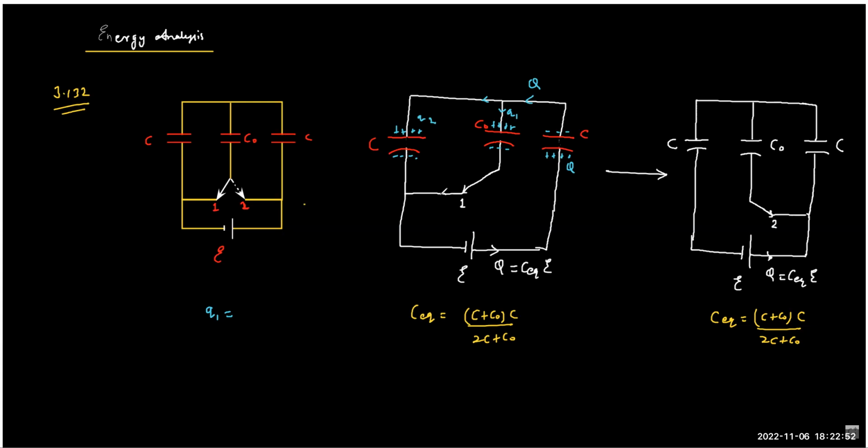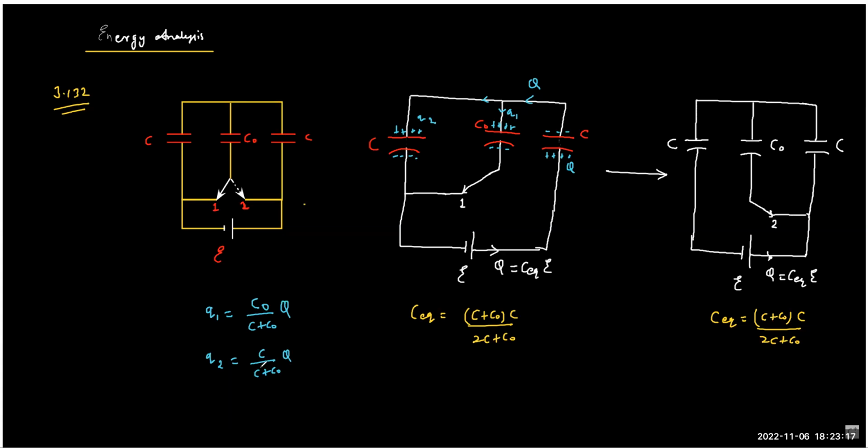Yes or no? As per the charge divider rule, this is proportional to the C value. So this is C naught upon C plus C naught, times Q, and therefore Q2 will be C upon C plus C naught, times Q. So we have the whole distribution.